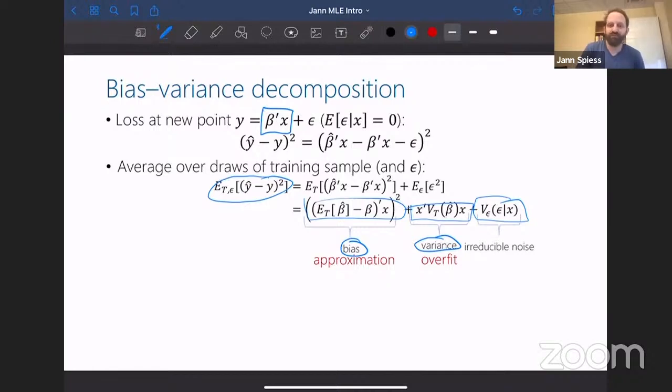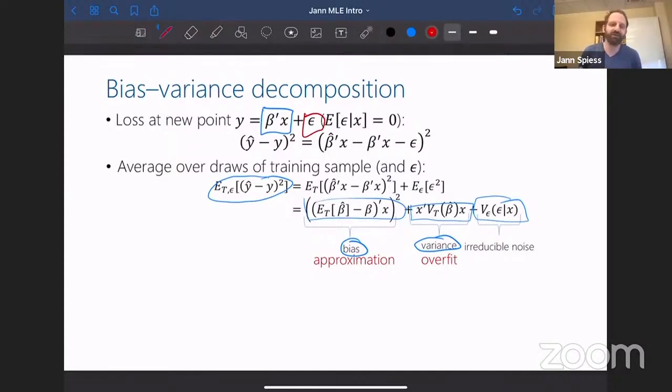And so there's a trade-off between those two. The more flexible my functional form is, the more I'm able to approximate the truth well, but at the same time, the more I'm overfitting. So the more I'm also fitting not just to the signal part, but also to the error part. And so that trade-off makes it hard to predict well in high dimensions.